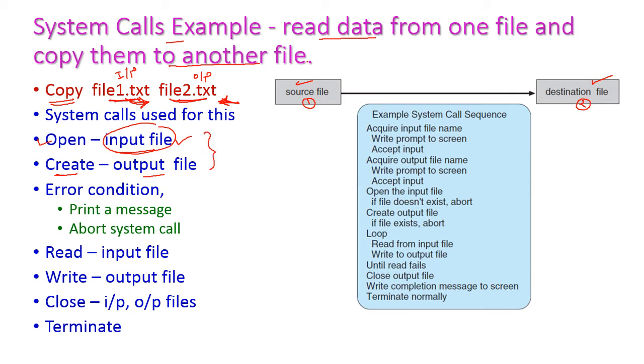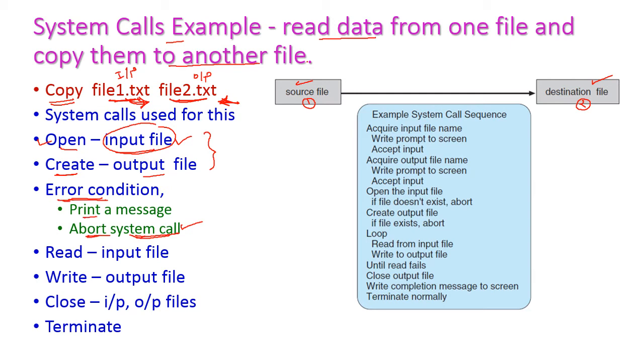So these are the conditions. If they are not satisfied, then an error condition will occur, and we can print a message about it. So what system calls have we used here? Open, create, and print an error message and abort.